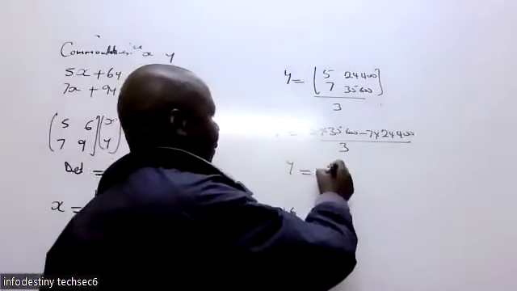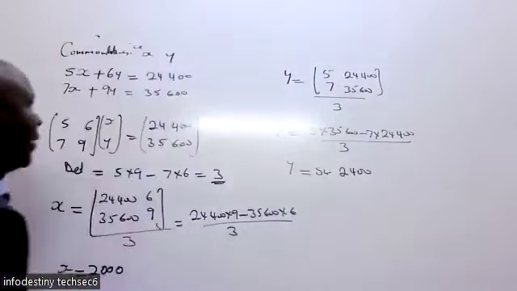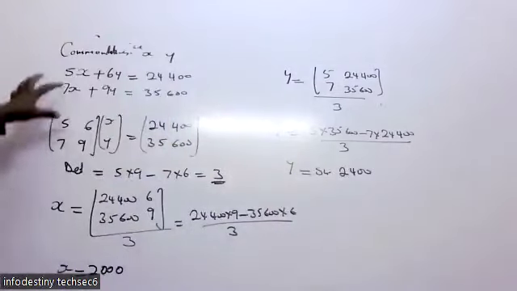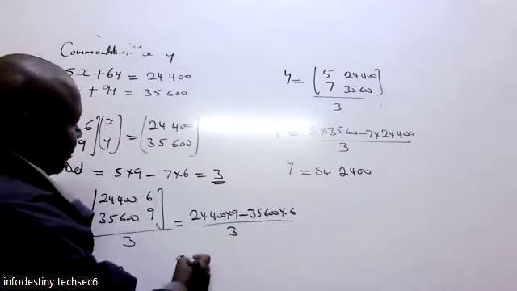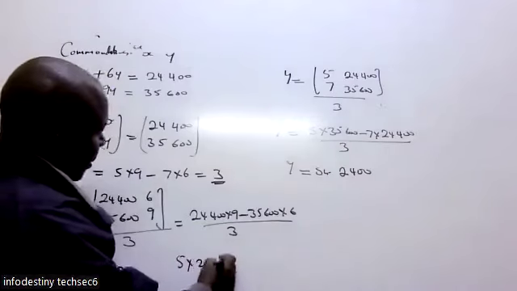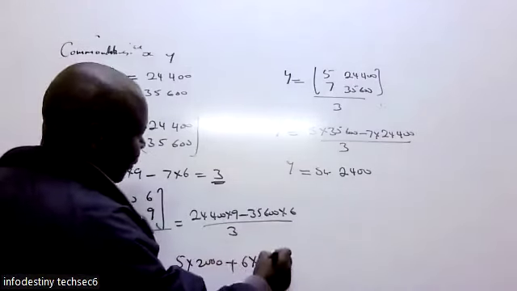Now let's prove if that is the correct answer. Let's just take one equation there, which is this one, by taking 5 times 2,000 plus 6 times 2,400.